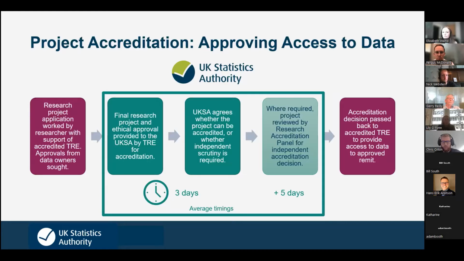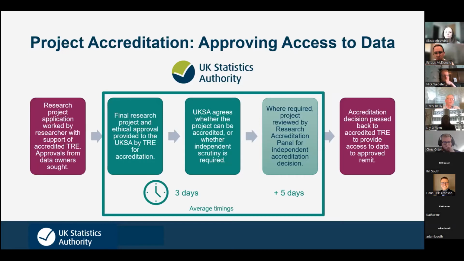So where required, projects that have a risk of non-compliance with the code of practice are reviewed by our independent research accreditation panel for an independent accreditation decision, and on average this takes an additional 5 working days to seek that approval. This has come about because the RAP effectively identified that a lot of the code of practice requirements are black and white.